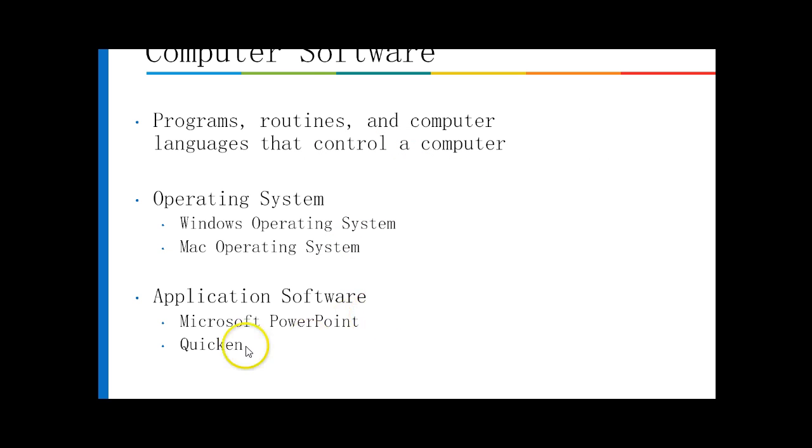PowerPoint is an application, Quicken, and all that kind of thing. Obviously, Microsoft Excel, Word, Access, as well as others are part of the software package, and you can't really touch them, but you see they're in action because you're allowed to do certain things like I'm doing right now. I'm talking to you on a computer using my PowerPoint and my microphone, voiceover.